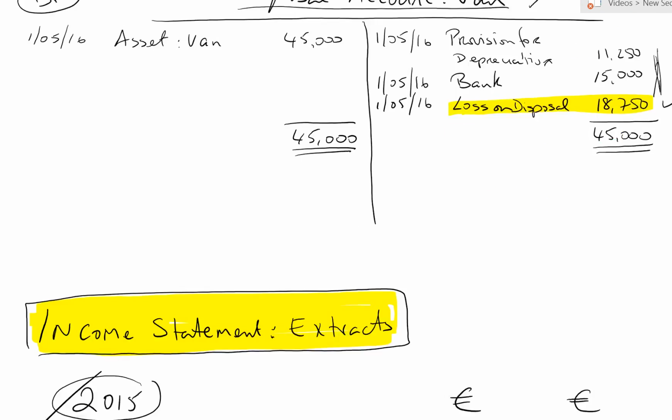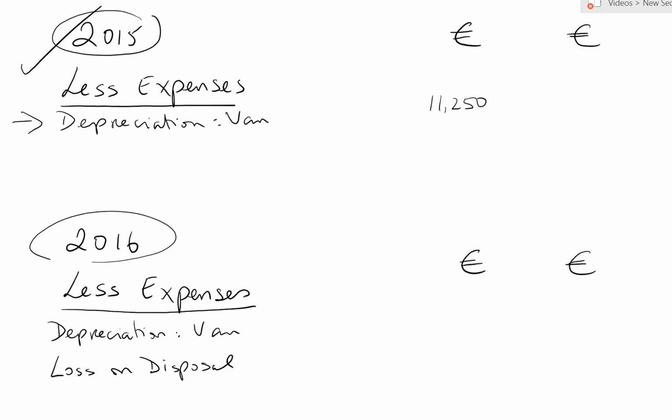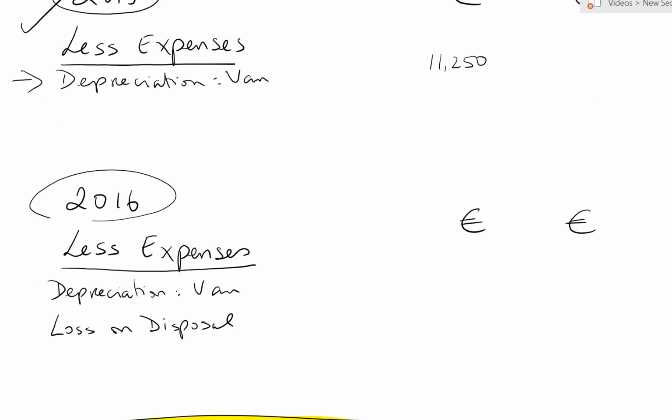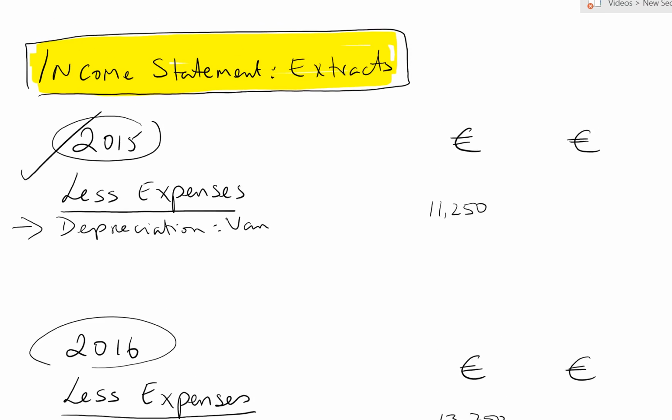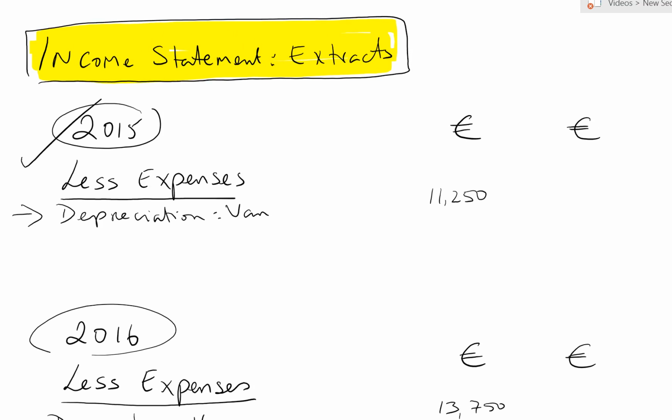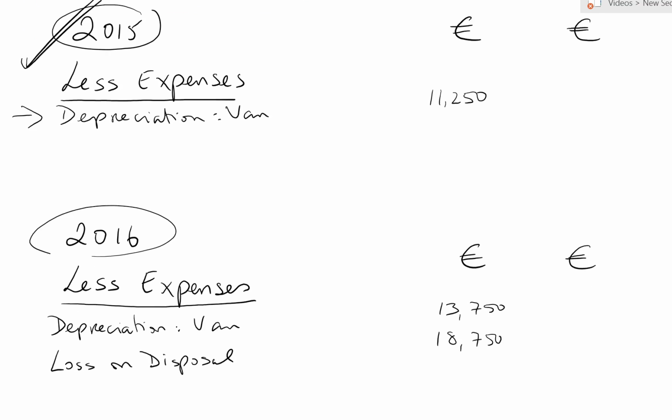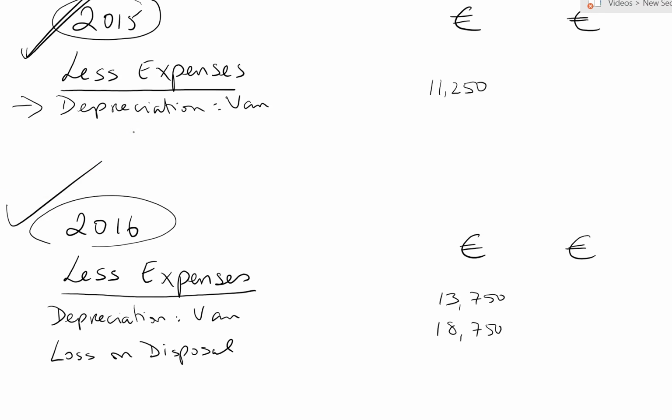So if I just go down here then, I can put those in. So the depreciation on the van for 2016 is 13,750, and the loss on disposal from our disposal account, 18,750. Okay, so as you can see here, they are the income statement extracts for 2015, and just down a little bit here for 2016.